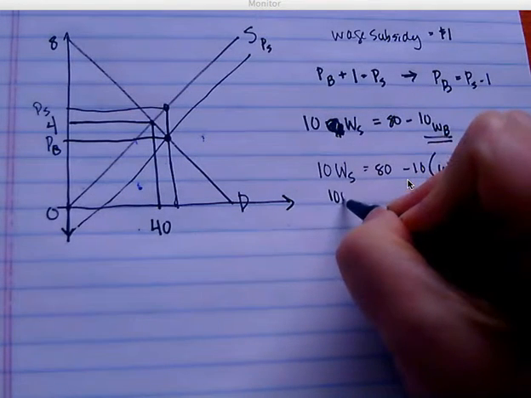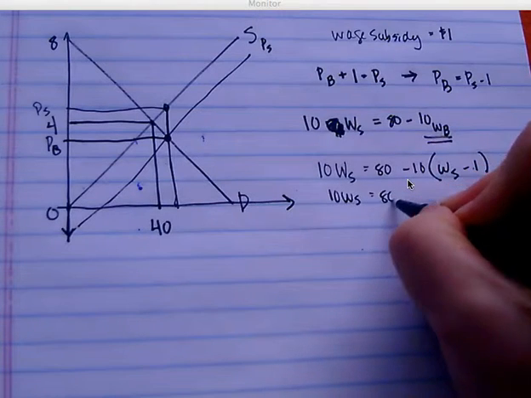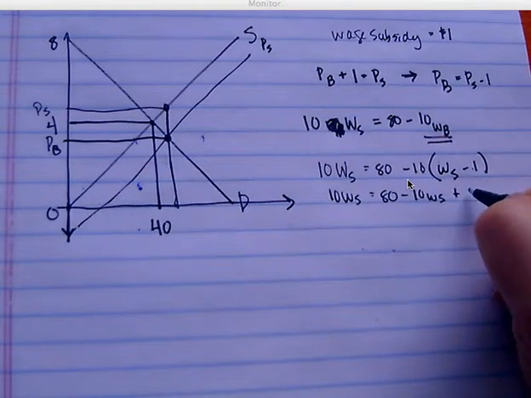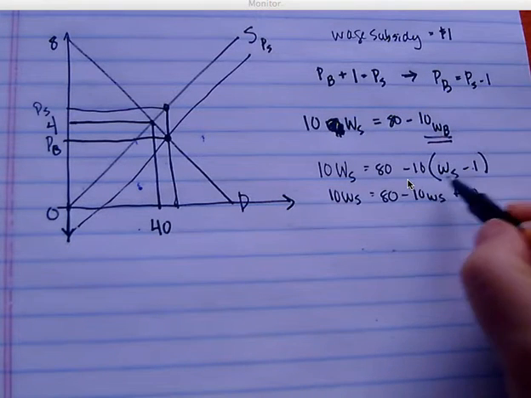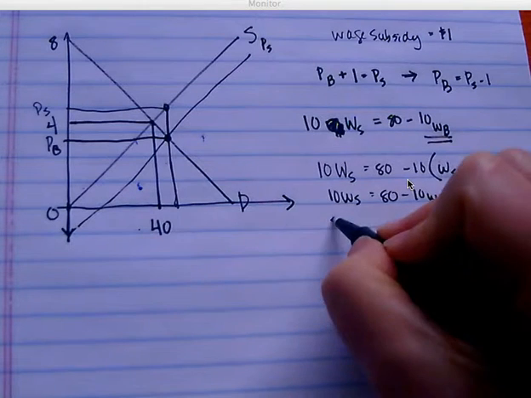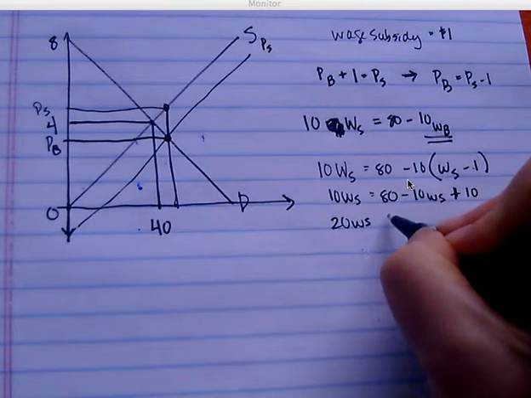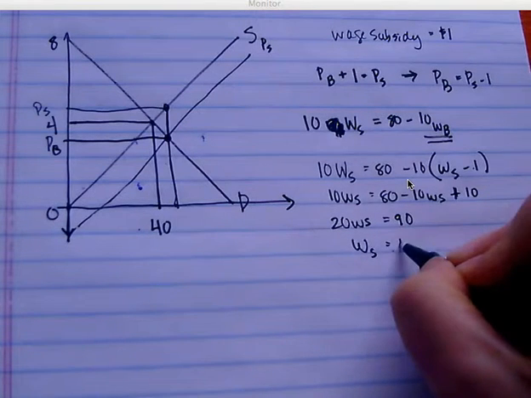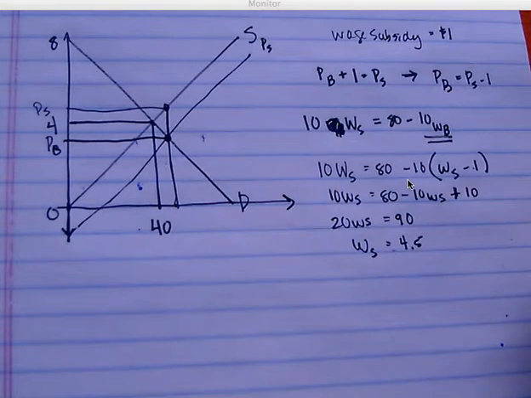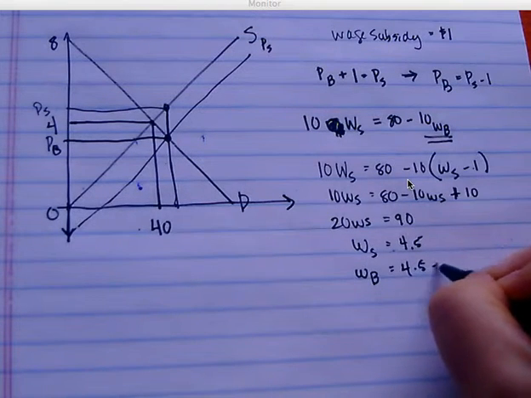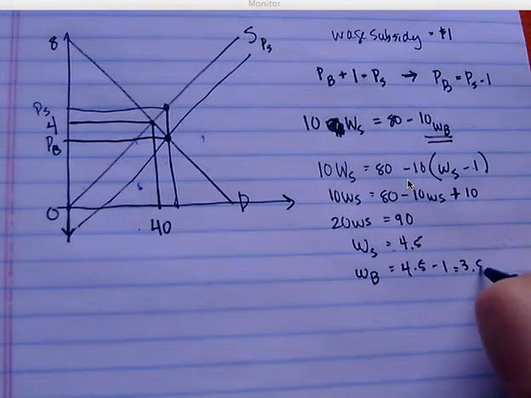We get 10 WS equals 80 minus 10 WS plus 10, right? Negative 10 times negative 1 is going to be positive 10. So that's going to give us 20 WS equals 90, or WS equals 4.5, right? And then WB is going to be 4.5 minus 1, or 3.5.